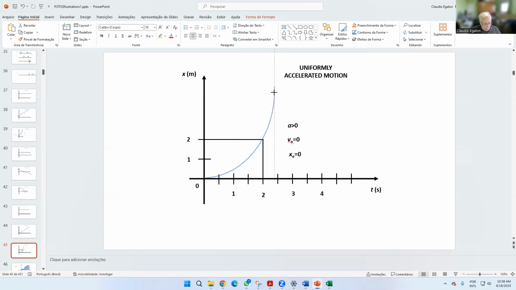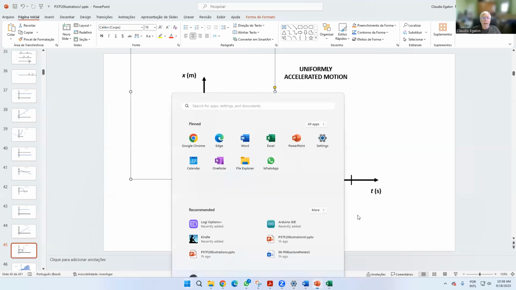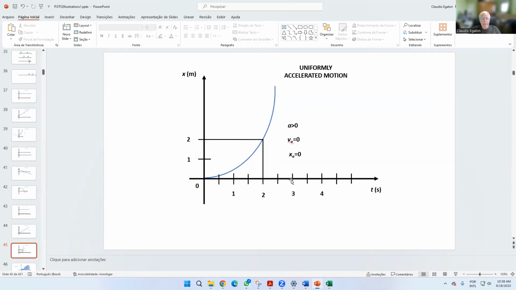Move a little bit. Yeah, like that. 3 seconds should be 9 divided by 2, which is 4.5. I'm going to shrink that.